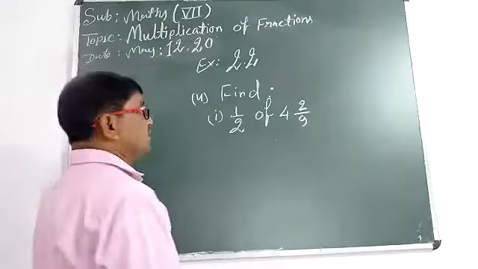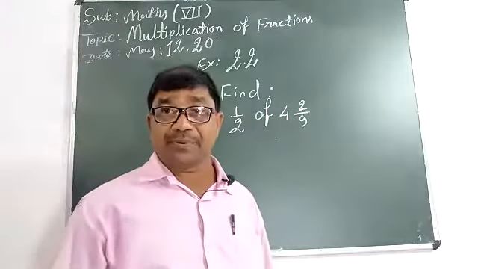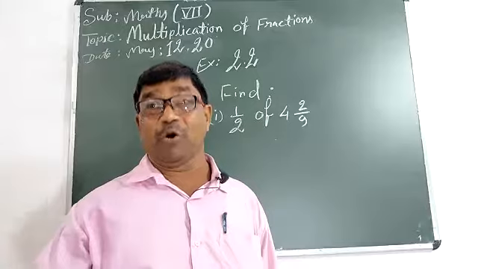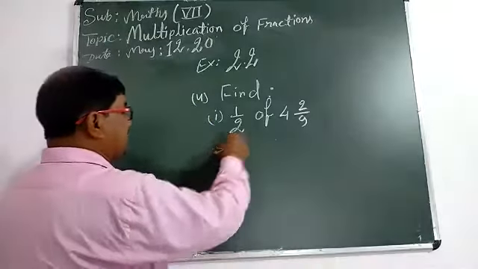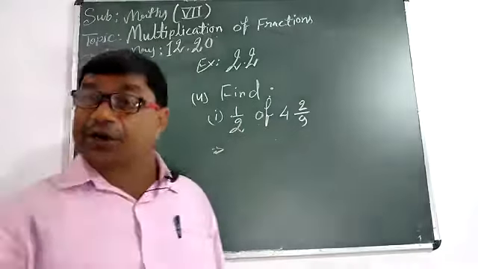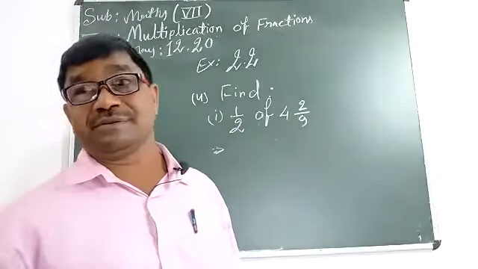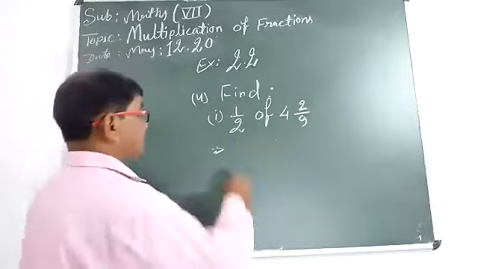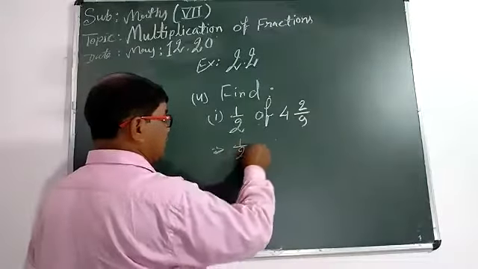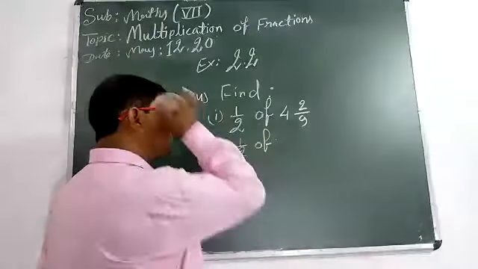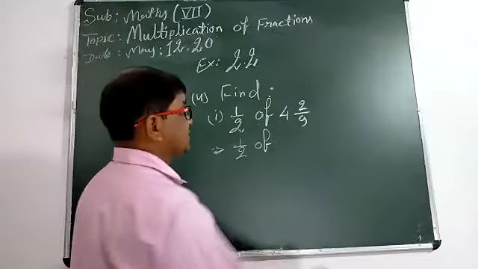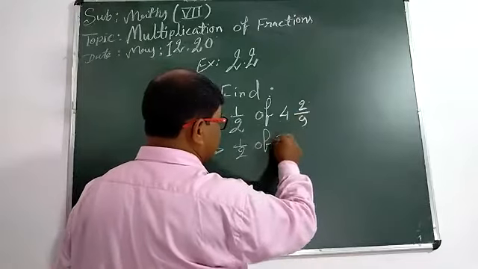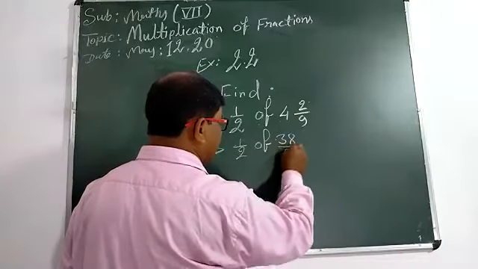Do you know the word "of"? Multiply. But don't change "of" into multiply. Only write 1 upon 2 of 4 9s are 36, 36 plus 2 is 38, 38 upon 9.